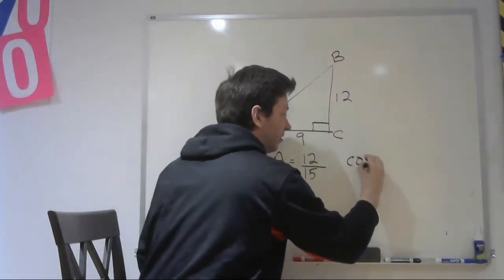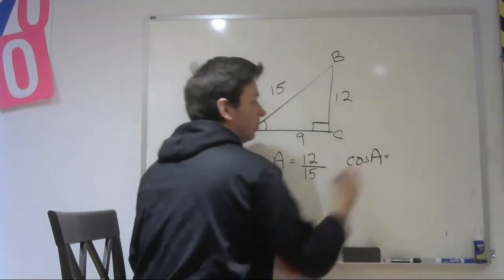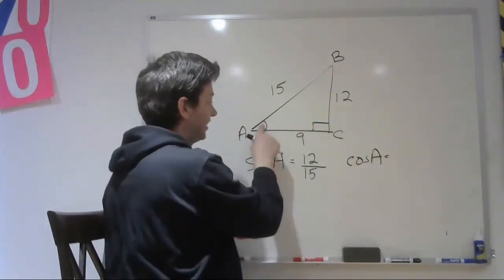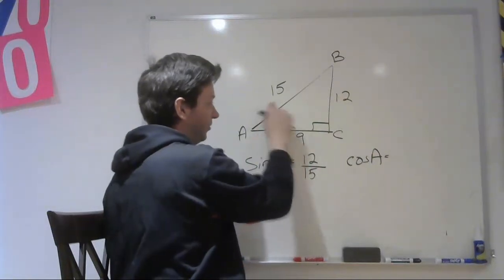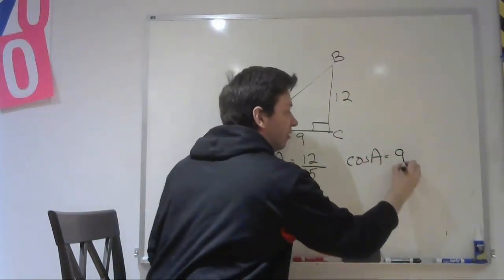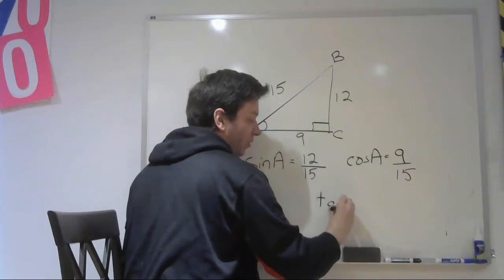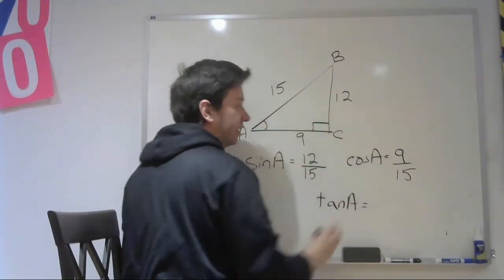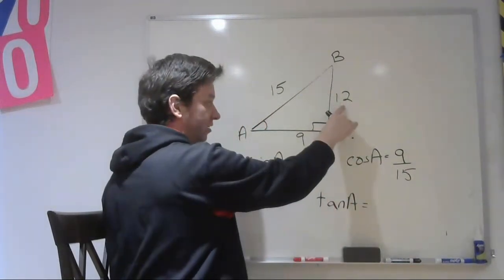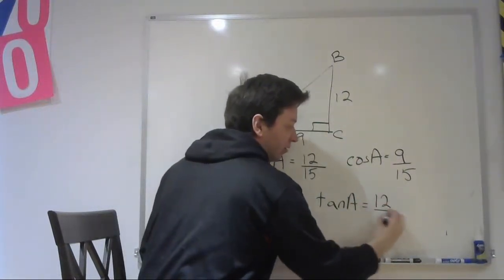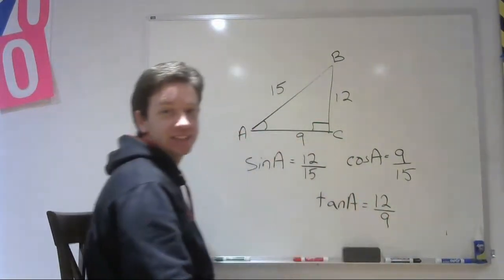So the cos of A is CAH, adjacent over hypotenuse, so 9 over 15. And lastly, tan, TOA, is opposite over adjacent, so 12 over 9. So that's example 1.